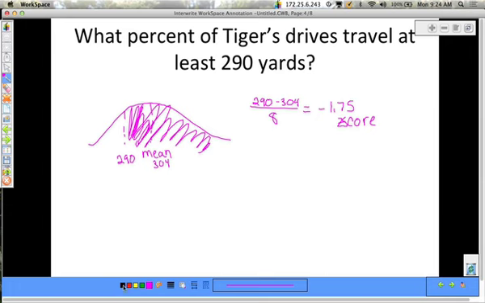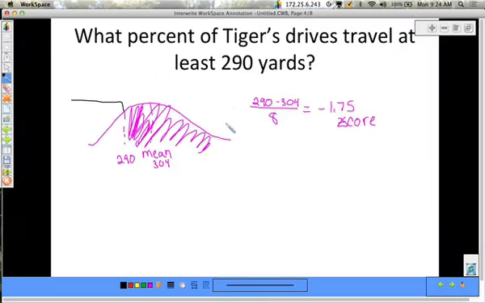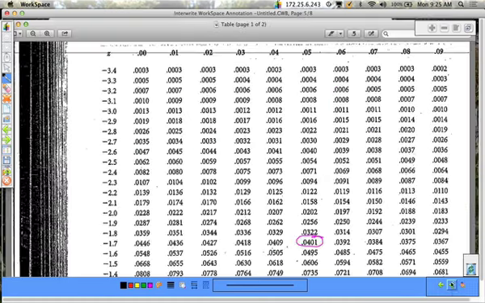So we know, remembering the table gives us from here backwards, so we have 0.0401, but we want to find what's greater than that, so we would do 1 minus 0.0401, which gives us 0.9599, or approximately 96% of his drives travel at least 290 yards.